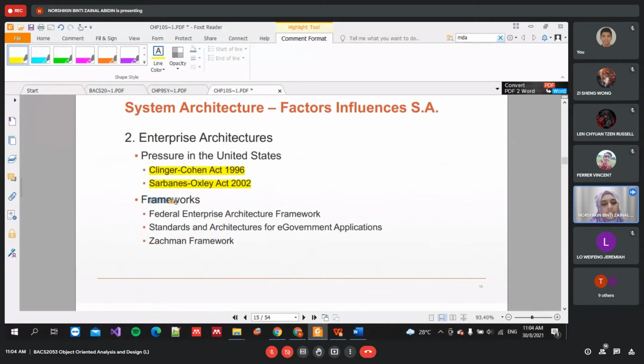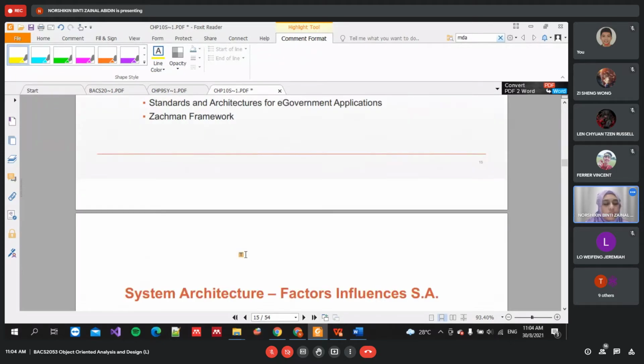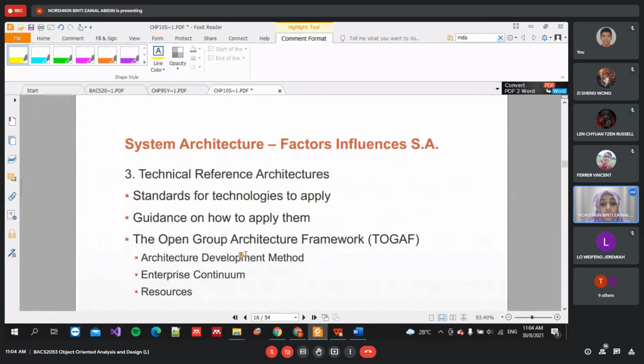That is a framework, a guide that we need to follow. Here are examples of framework: Federal Enterprise Architecture Framework, Standard and Architecture for E-Government Application, and Zachman Framework. These are examples of guidelines that we need to follow when we are developing.